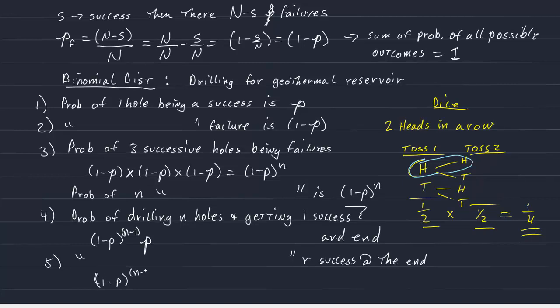So that's the probability of getting n minus r failures. And then the last r holes are successes. So the probability of a single success is p, and since we're getting r of them, we have to multiply p by itself, r times.